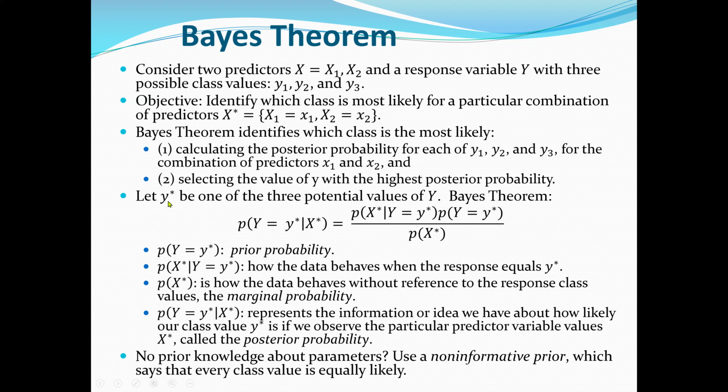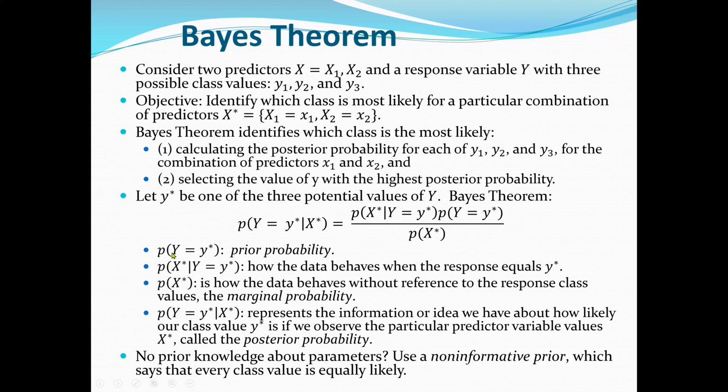So let Y star be one of the three potential values of Y. Then the Bayes theorem says the probability of Y equal to Y star given X star is equal to the probability of X star given Y equal to Y star, times the probability of Y equal to Y star, divided by the probability of X star.